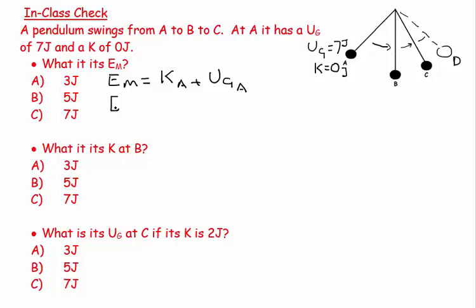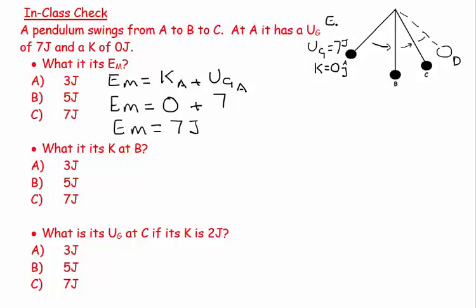Okay, so EM is equal to, and if I look at A, we can see that K is 0 because it's stationary at the end of its swing, plus UG, the gravitational potential energy, was 7, so EM is equal to 7 joules. So that's the first bit.